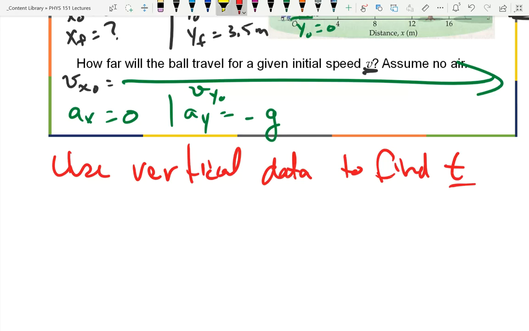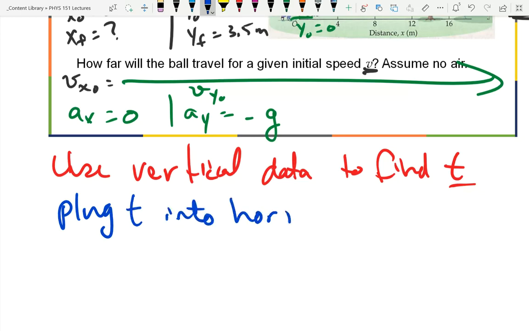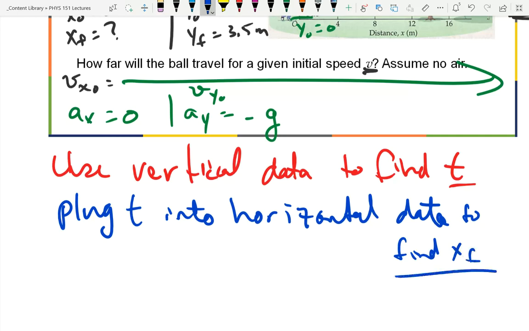And then plug t into horizontal data to find x final. So there's my method, and then the rest is math. Right there, my physics is there in the red and the blue, and then it becomes a math problem. Not necessarily an easy math problem, but we've gotten through the hurdle, the hard part.